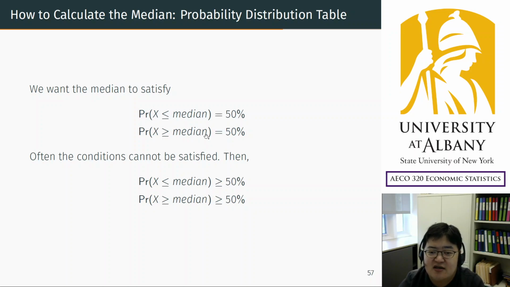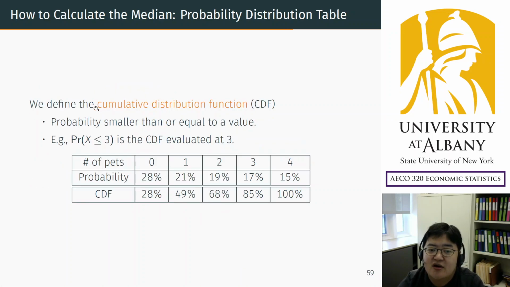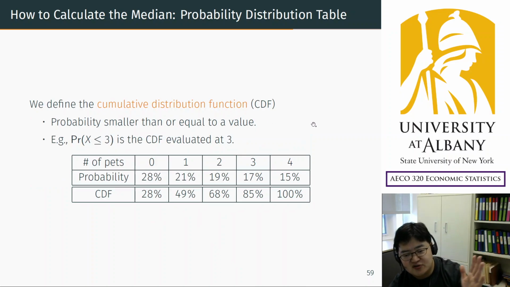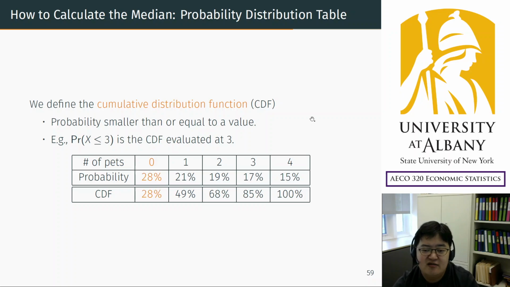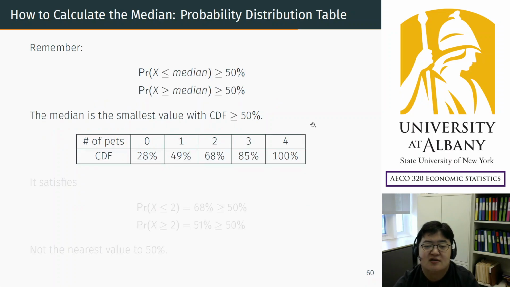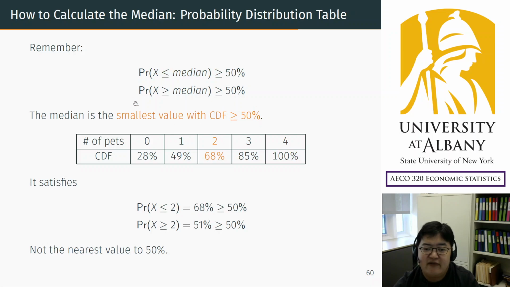In that case, you need to calculate the cumulative probabilities from the smallest up to a certain point, and then choose the smallest value greater than 50%. That is how you calculate the median when you have a probability distribution table. I want you to see the parallel structure between the mean and the median.